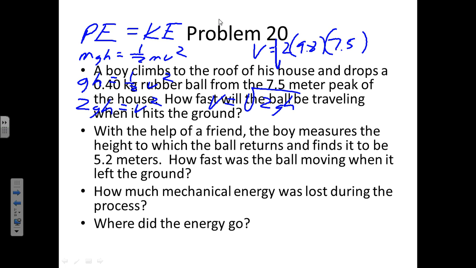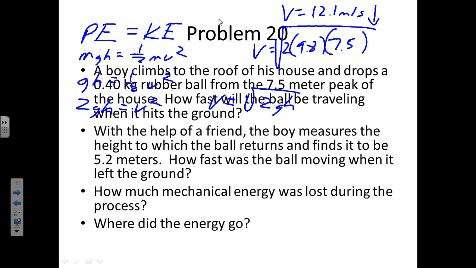And when we do, 12.1 is what we get. And remember that velocity is a vector, so we need to say down, or put a negative, or put an arrow.